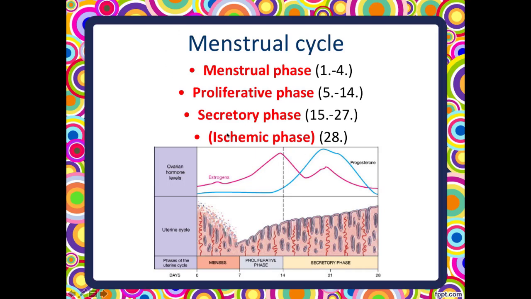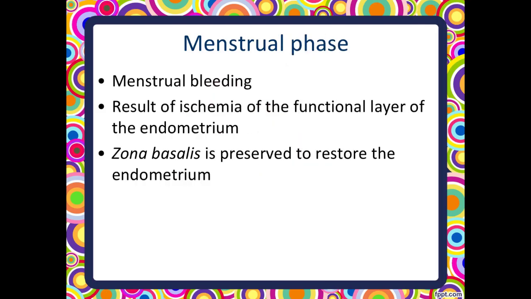And then there is a fourth, the very short ischemic phase, during which the spiral arteries are constricted, as I mentioned before. So, first the menstrual phase, during which the endometrium, respectively the functional layer of endometrium, is sloughed off with the blood as the result of ischemia of the functional layer caused by constriction of spiral arteries.